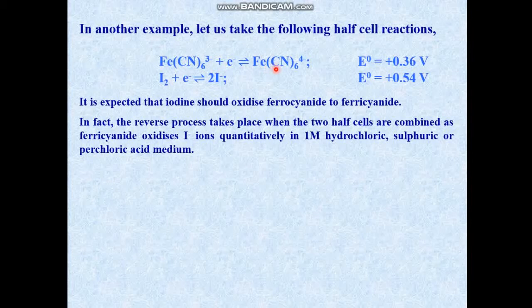So how can that be possible? Definitely the E0 value should become more positive and cross the 0.54 volt of the iodine-iodide standard electrode potential. So this value increases, crosses past and becomes more positive than the iodine-iodide system, so it can quantitatively oxidize the iodide into iodine.